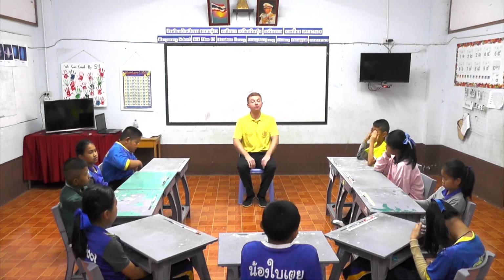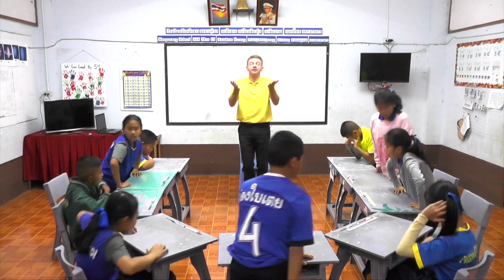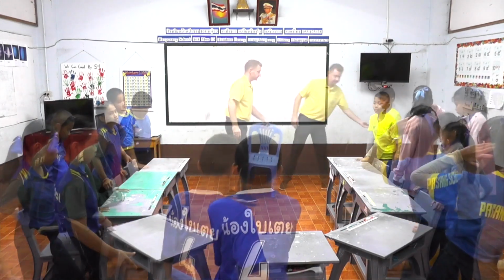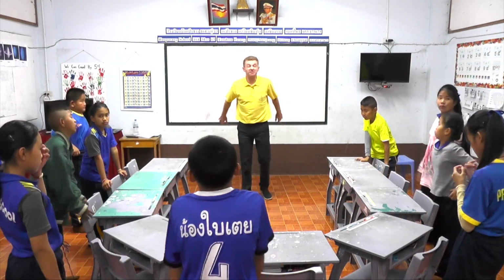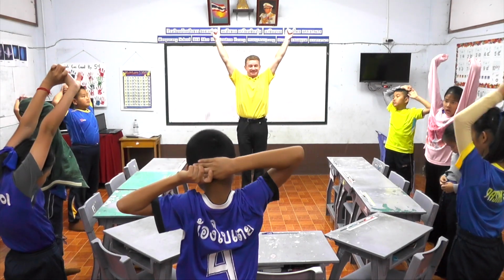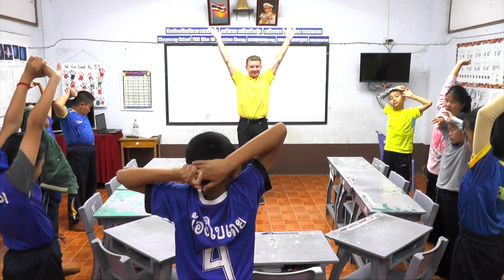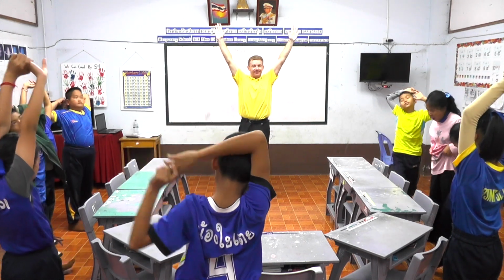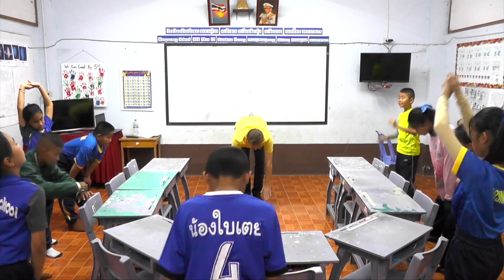Excellent. Next, we can do our stretch sequence. So let's stand up and push in our chairs. And we can begin by stretching up high to the sky. High as we can. And then back down to touch your toes.